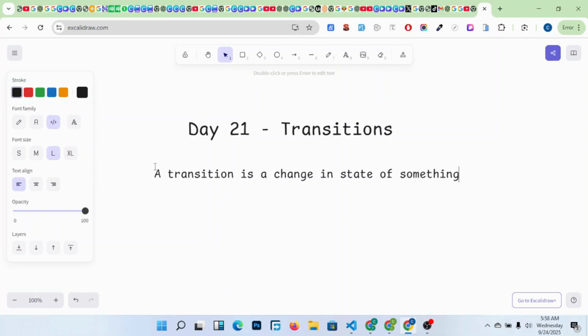So this transition here, it only happens when a property changes.